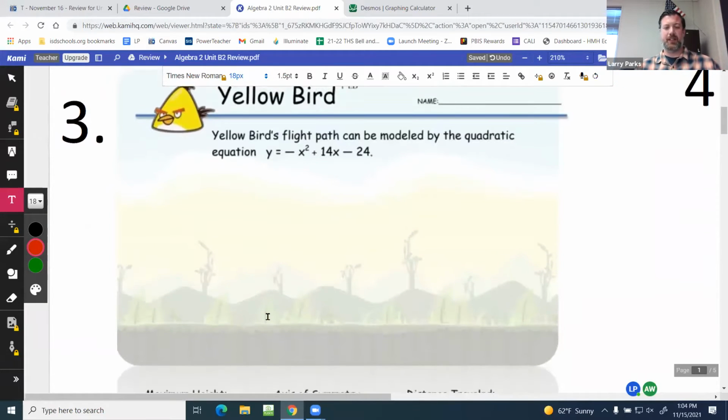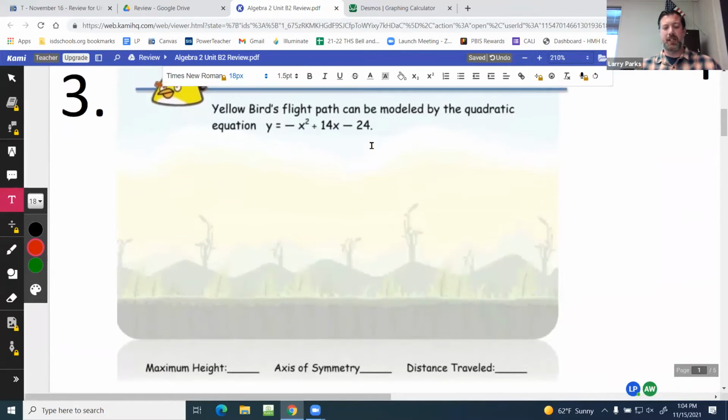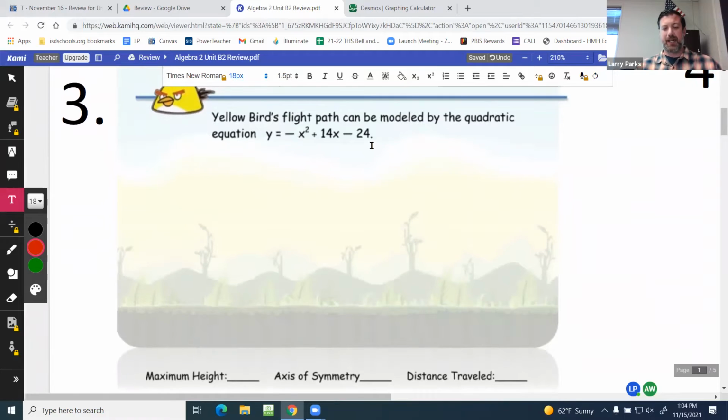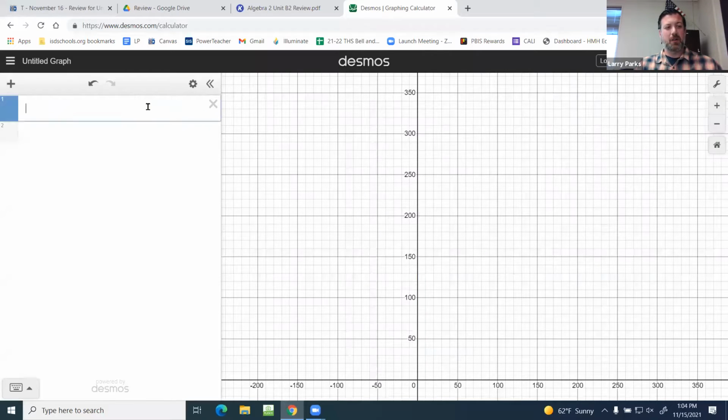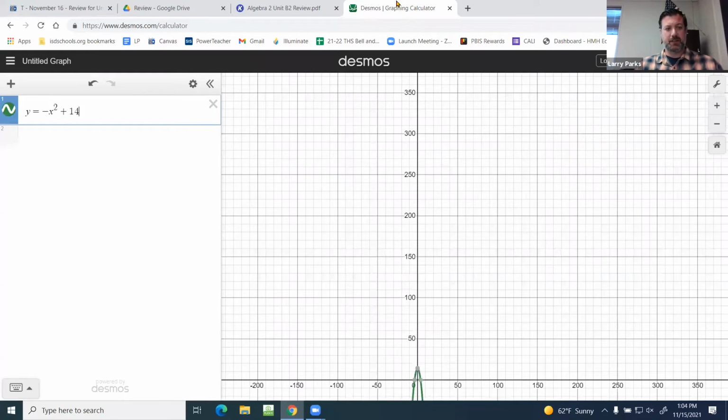Question number 3. Yellow bird's flight can be modeled by the quadratic function, and they want to know the maximum height, axis of symmetry, and distance traveled. So I would type that into Desmos. y equals negative x squared plus 14x minus 24.